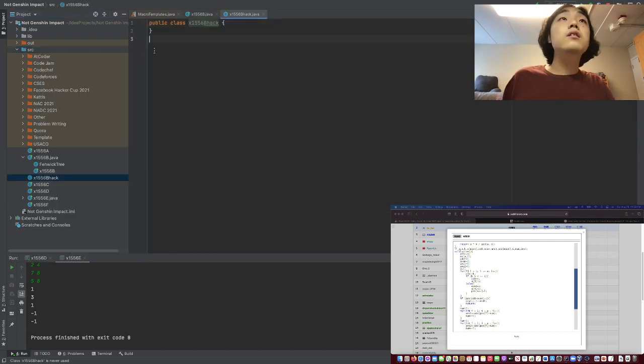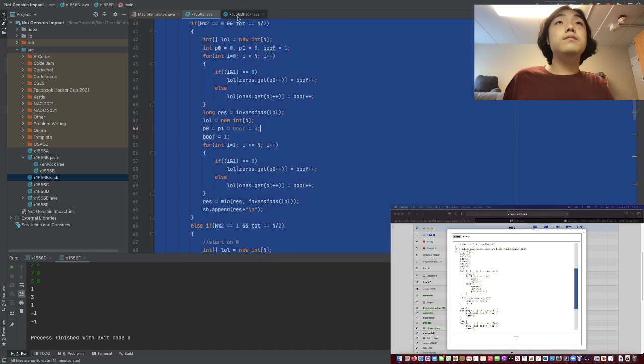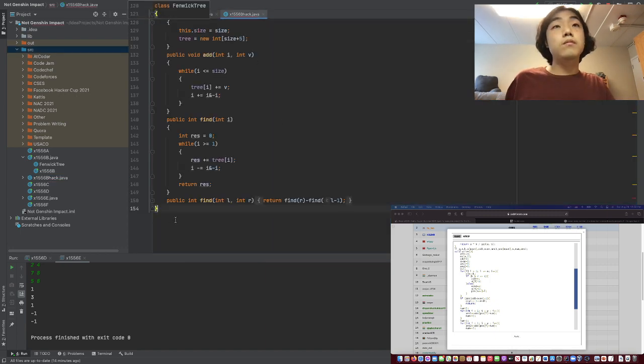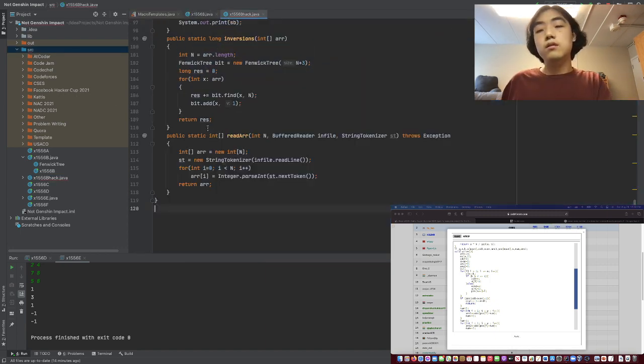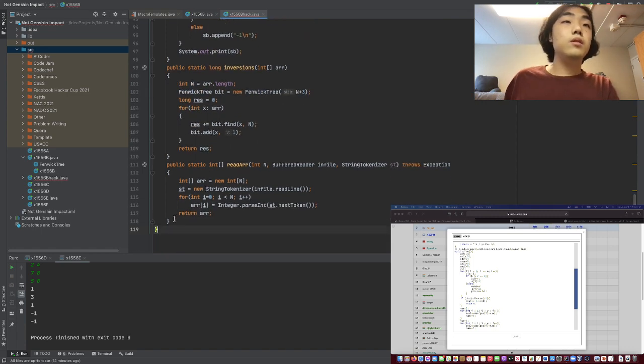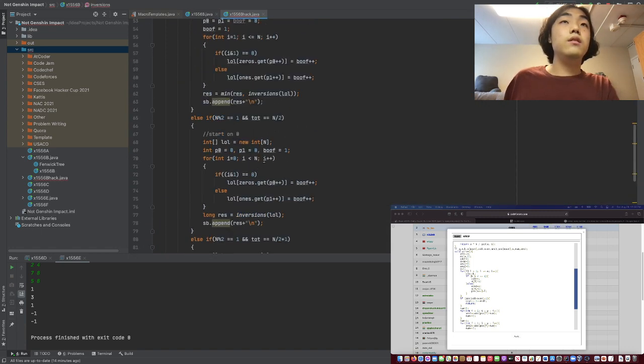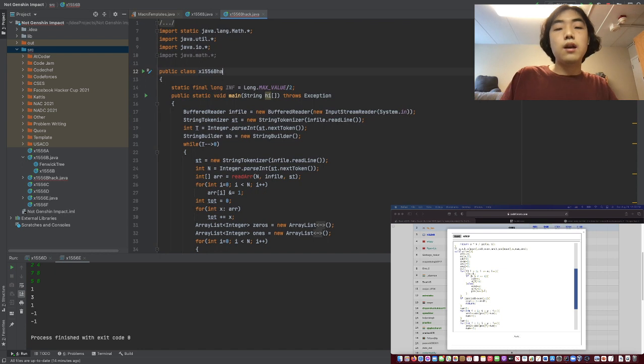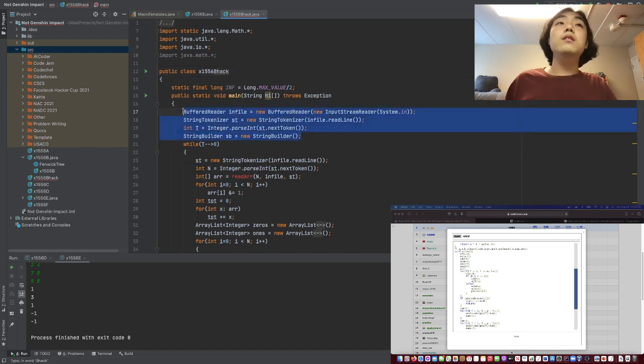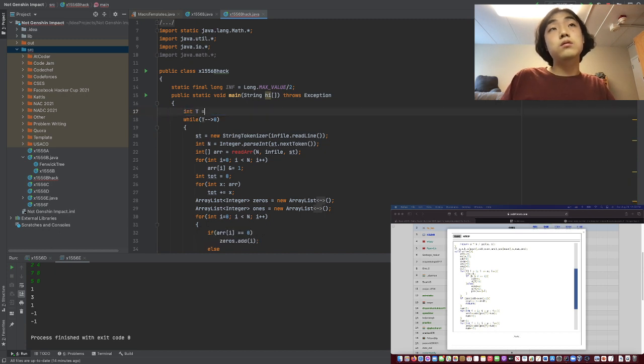X56B hack. I don't need this, nor do I need this. I just need to rename this as hack. And T is equal to 420.